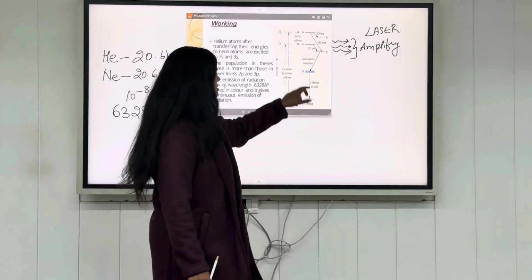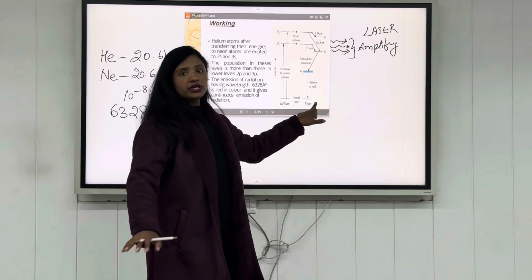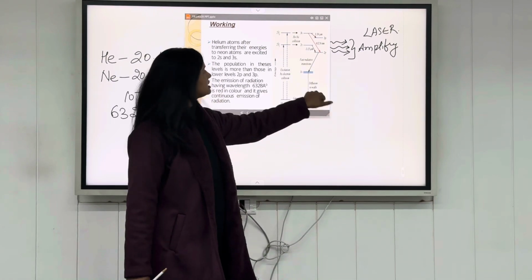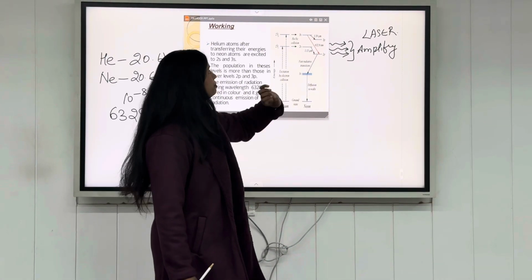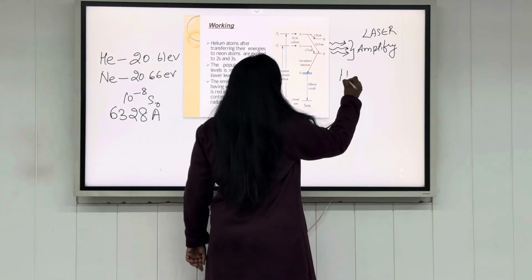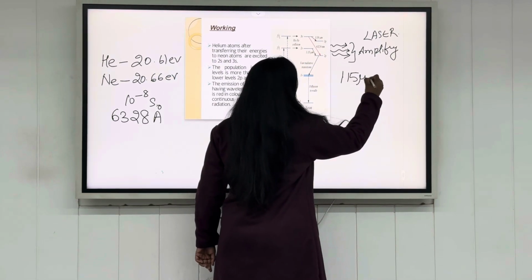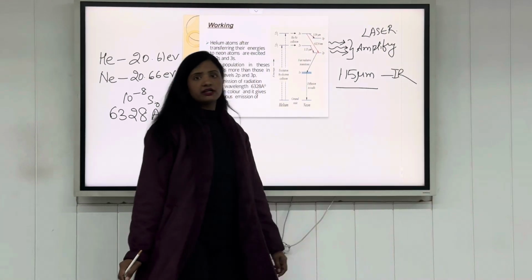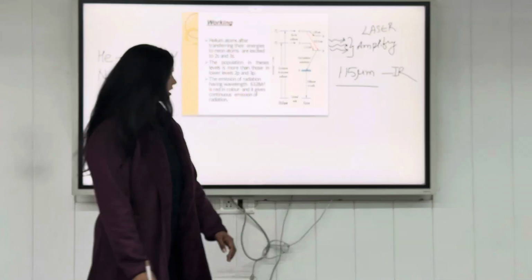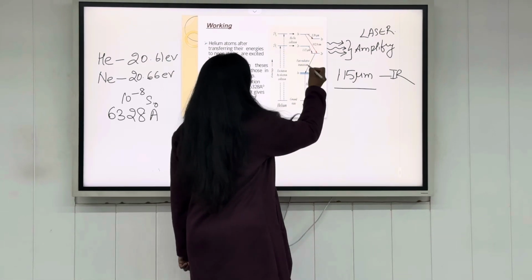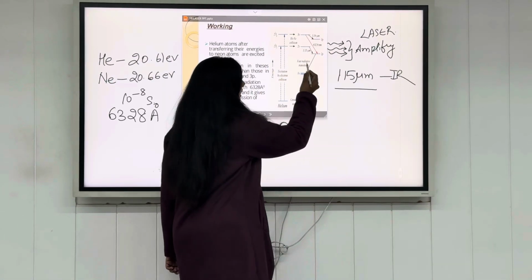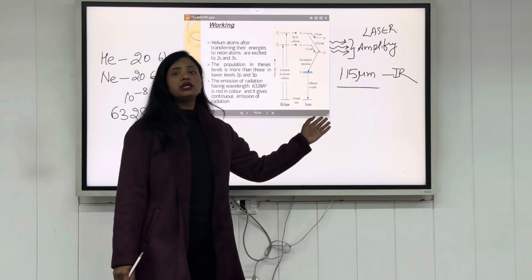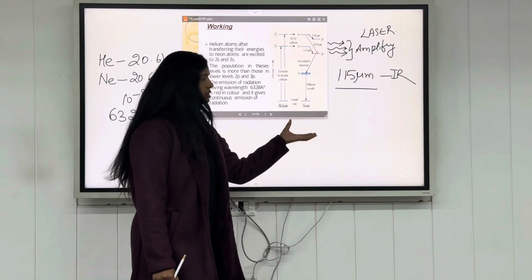Now also it has not come to the lower energy state yet, so it will make the possible transition to the lower energy states, which is from 2s to 2p. So this 1.15 micrometer wavelength lies in infrared, which cannot be seen, but the transition has happened, and further after radiative transition, this comes back to the normal ground state.